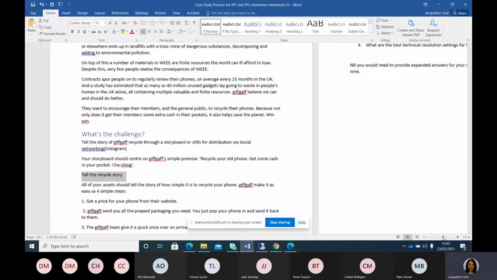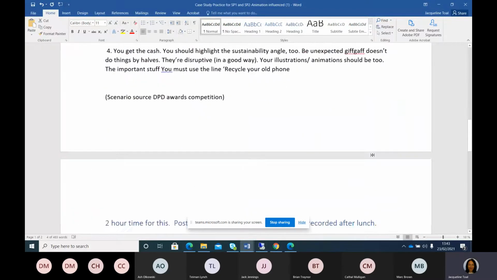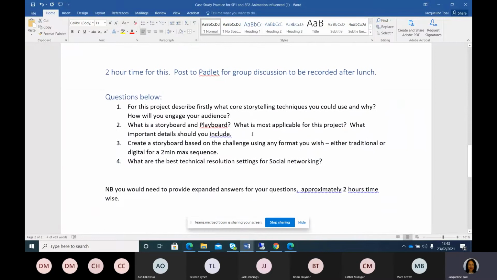The key questions as part of this are firstly to think about storytelling techniques you would use and why, and a little bit about which would be the best method to use, either storyboard or playboard. And then also hopefully everyone has come up with a few nice ideas visually, and then we'll talk about the resolution settings here.